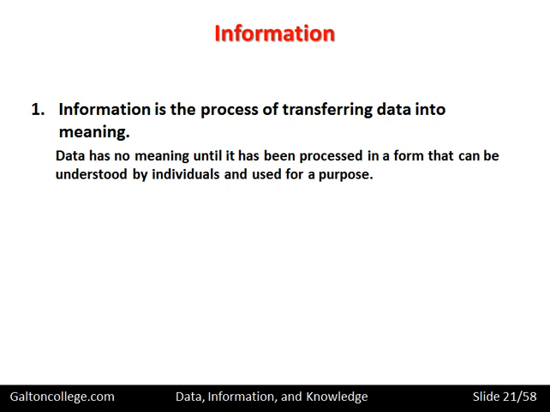Information is the process of transferring data into meaning. Data has no meaning unless it's been processed in a form that can be understood by individuals and used for a purpose. So, information is processing the data so it becomes useful. It can be understood. And processing it means that it can be used for a particular purpose. We're not just processing the data for the fun of it, we're doing it for a particular purpose.